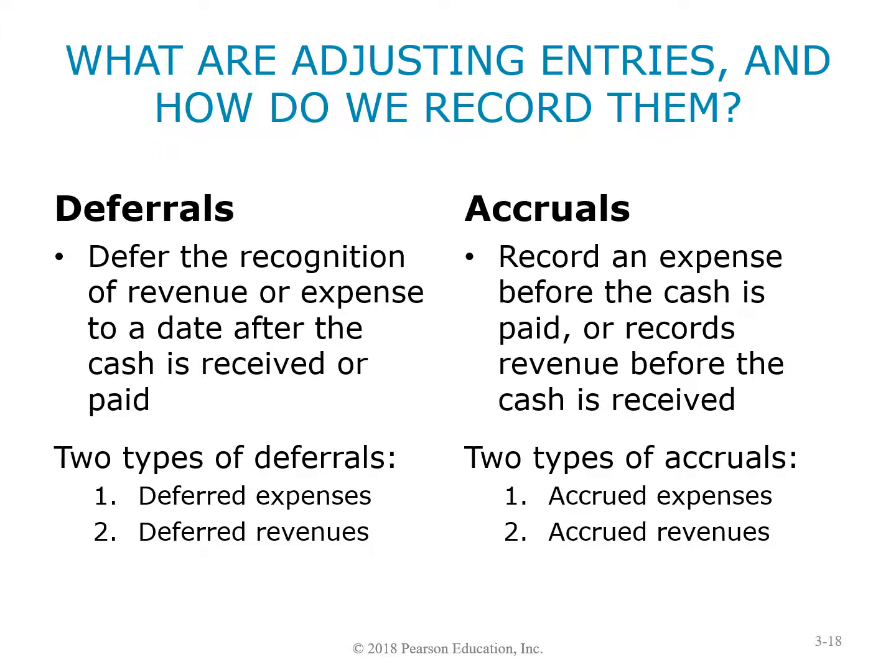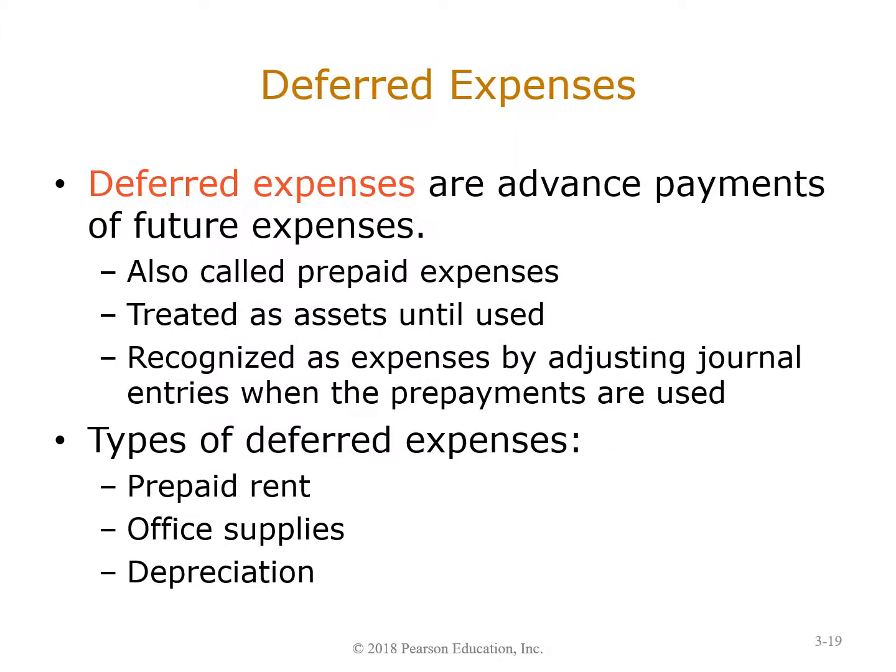Always include a payable for expense, and always include a receivable for revenue. So we have not paid any cash here, and we have not received any cash here. So I say accruals are easier because they're either a payable or a receivable. Okay, here are some more examples.